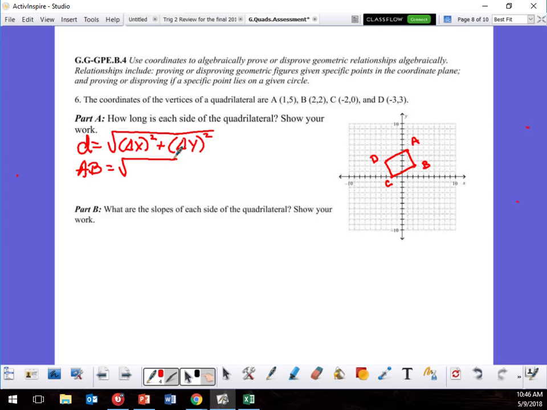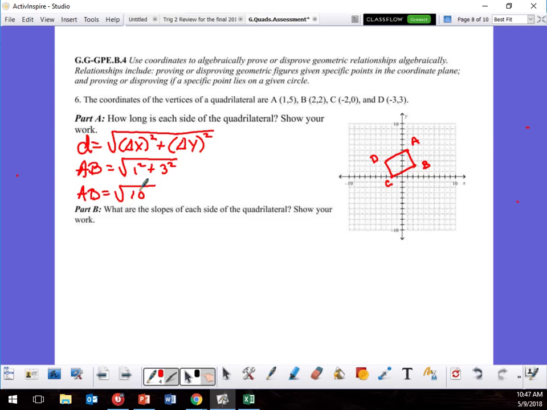So for delta x, from A to B, how far is 1 from 2? 1. So I have 1 squared plus. How far is 5 from 2? 3. So AB is the square root of 1 and 9, 10. There we go.